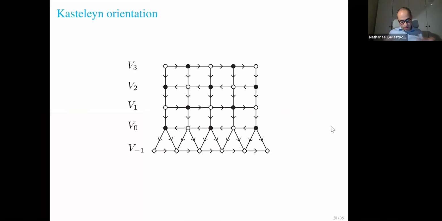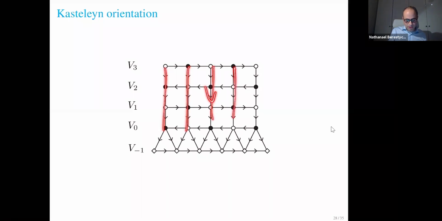Right, so we've got this graph. We've got a dimer on the strange graph. It's the square lattice, but to this we've added some triangles at the bottom, and that makes things a bit complicated. First of all, you can come up with a Kasteleyn orientation. It's basically the same as before.